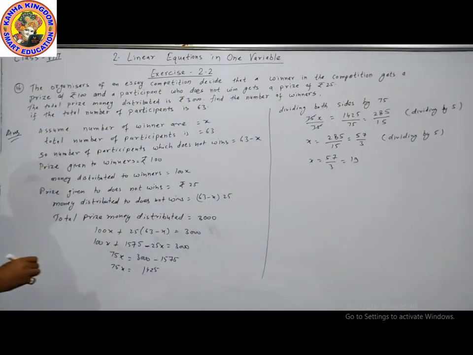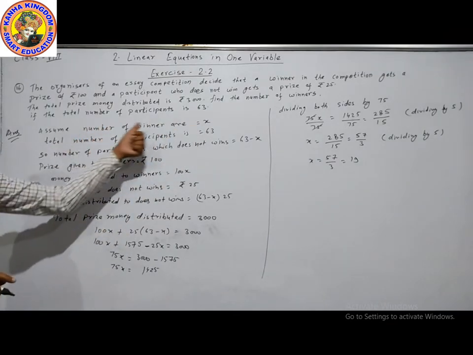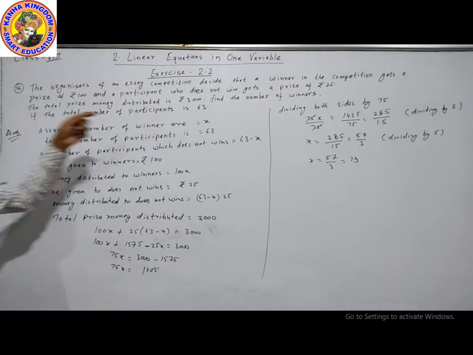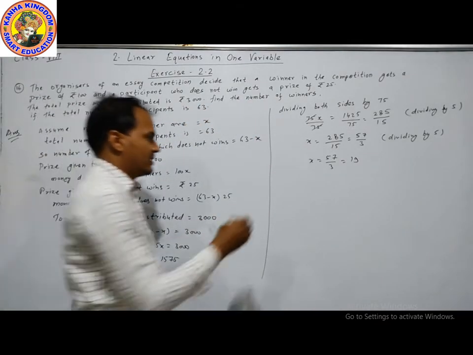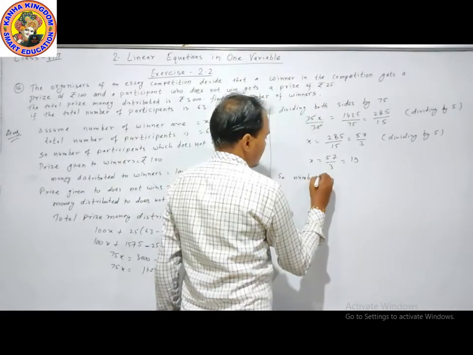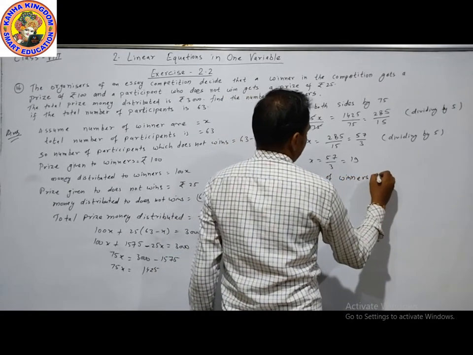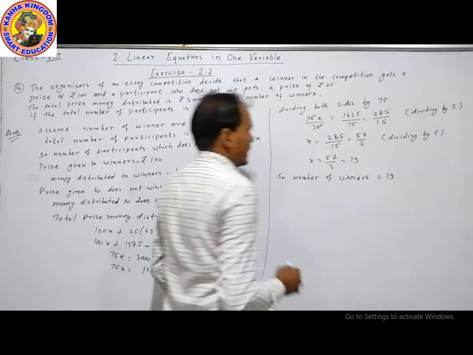X is 19. What is X? X is the number of winners. The question is to find the number of winners. So the number of winners is equal to 19.